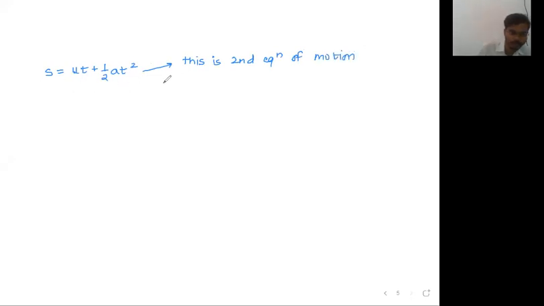Write down about all the terms. What is t? T is the time interval. What is a? Sir, a is the acceleration of the motion.